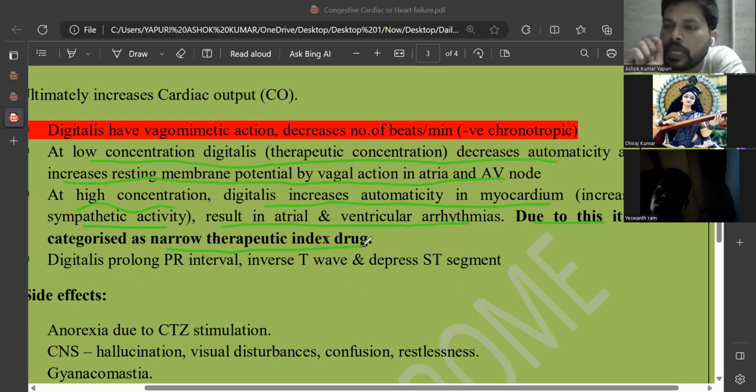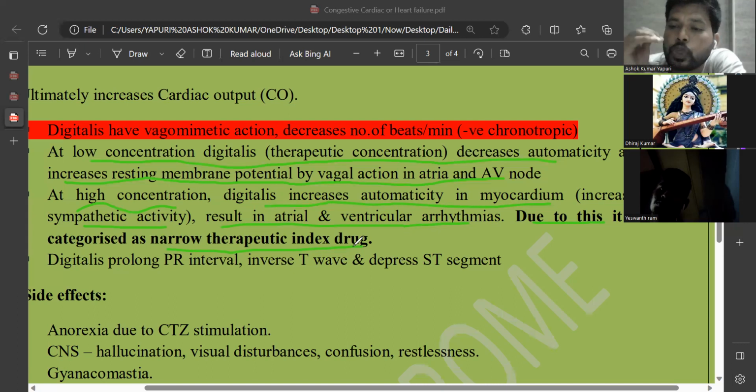So here, digitalis shows good action at initial doses, but when the dose is increased, it shows toxic effects. That is why it is called a narrow therapeutic index drug.